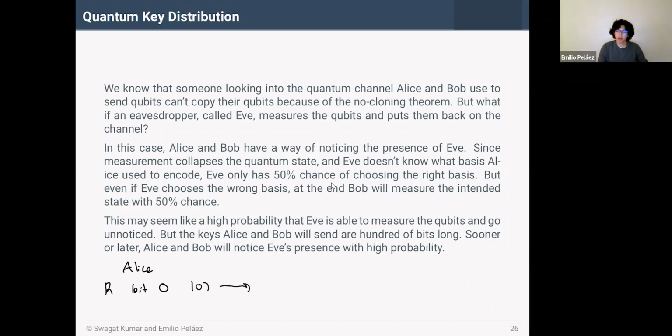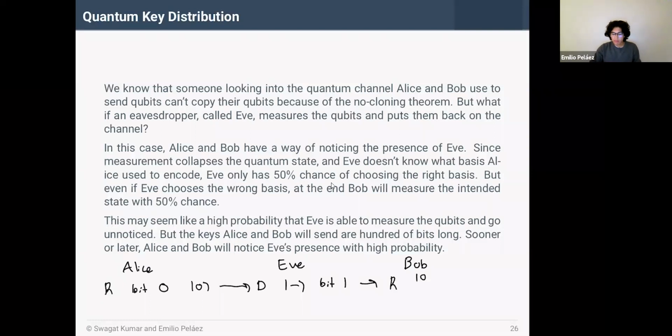So now, instead of getting to Bob, Eve will intercept it, and let's say she chooses the diagonal basis, and she gets minus. So she would think Alice intended to send bit 1. And then she sends the exact same state that she measured back to Bob, and let's say Bob chooses the rectangular basis.